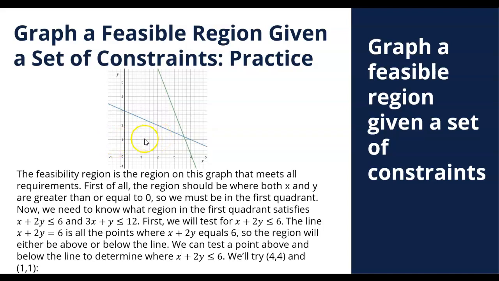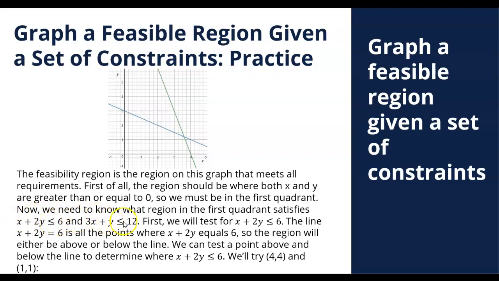All you need to do is plug that into these 2 other constraints here. So if x is equal to 1 and y is equal to 1, you have 1 plus 2, which is 3. Is that less than 6? The answer is yes. So that is satisfied on this first inequality.